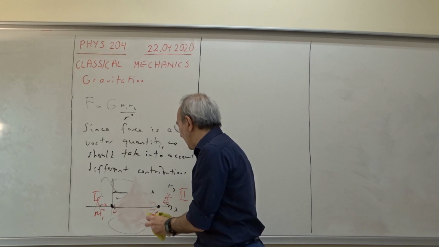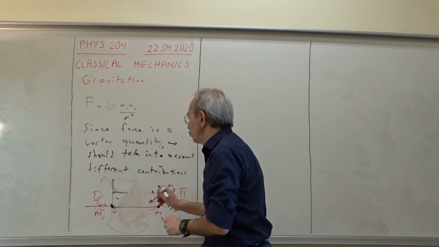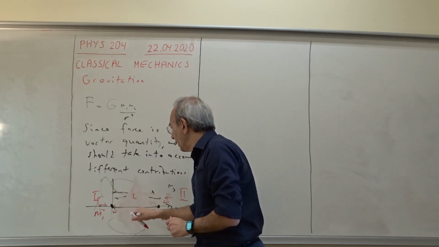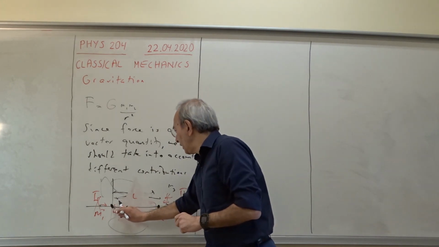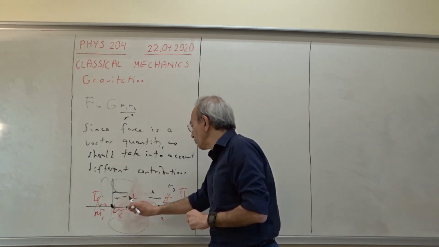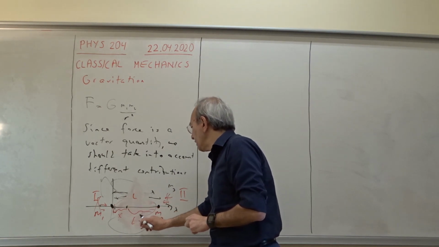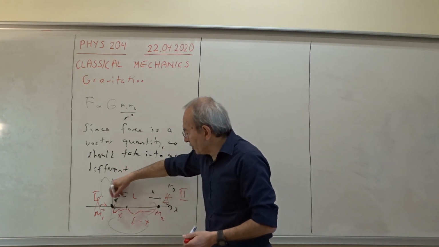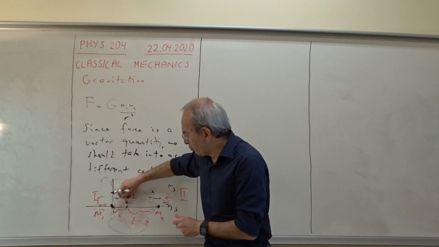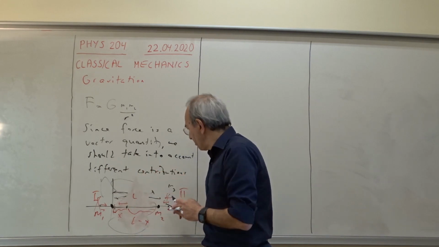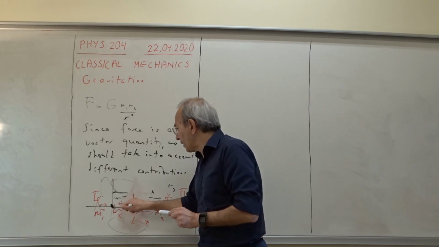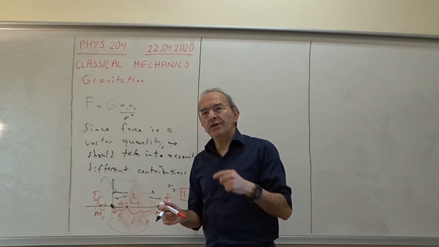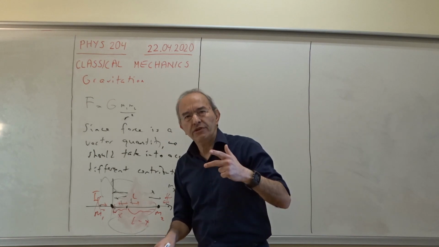The total distance is known as L. Assume we choose such an unknown position, and let this part be x. Of course, the remaining part will be L minus x, so that this object M1 will try to pull it to the left, but M2 will do it in the opposite sense. And if they exactly cancel each other, M3 will stay at rest forever.